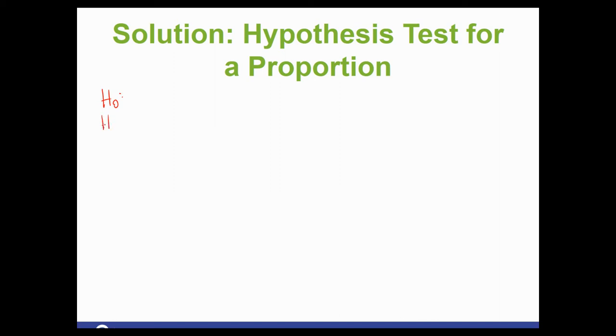So when we write our hypothesis, we're going to use P because we're dealing with proportions. It was less than 45%. Make sure you switch it to a decimal. So our complement then is greater than or equal. Claim means which one of those two symbols matches the exact wording of our problem. So our claim is HA because of that less than symbol. And again, our alpha was 0.01.